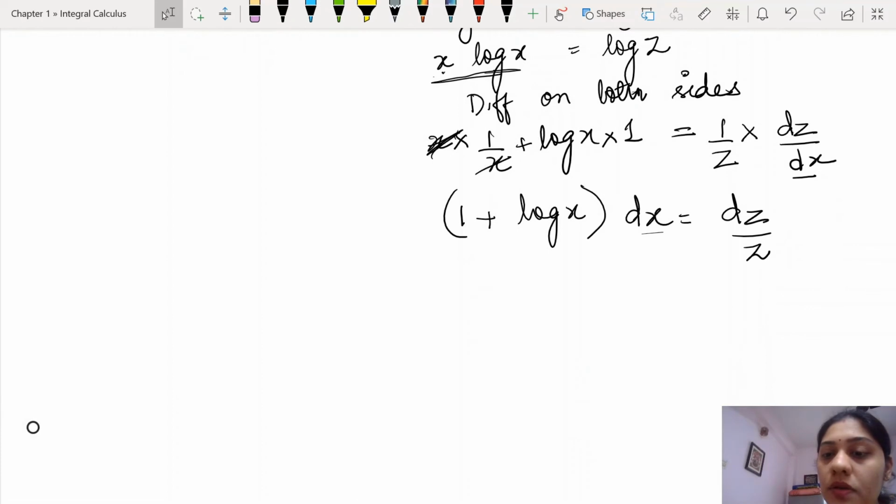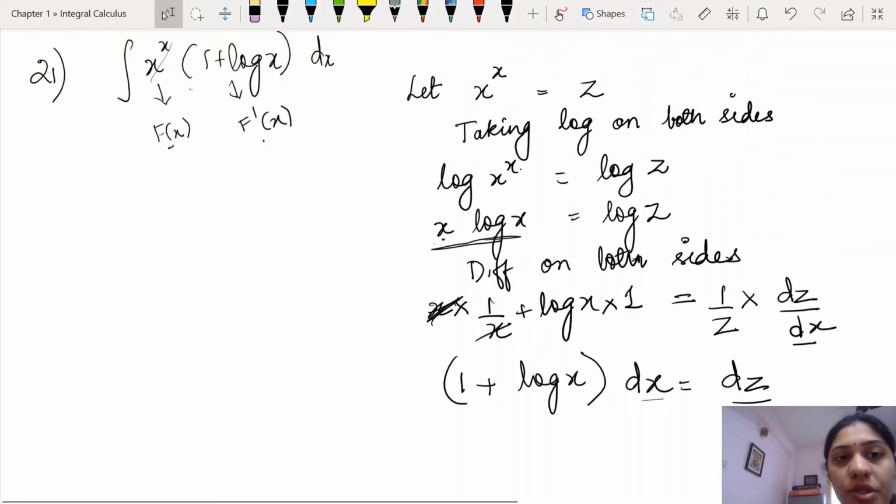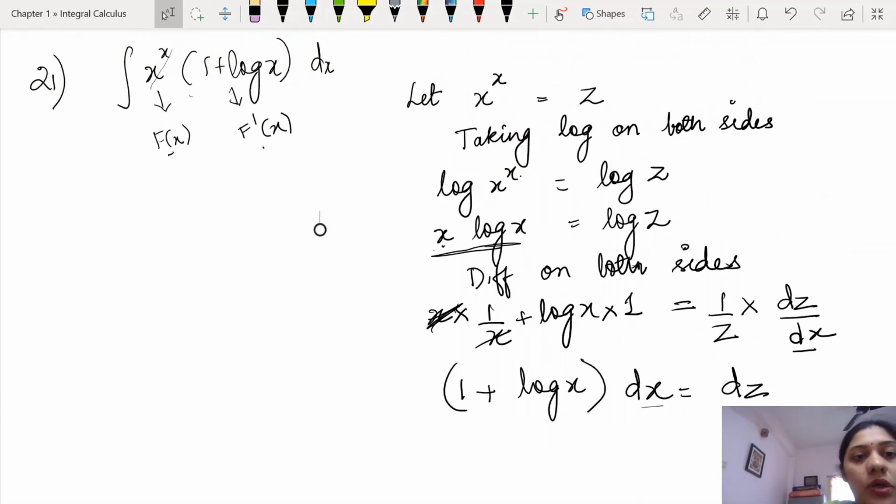Okay, so this is what we have. I'm going to go back to the question and substitute for this whole term. Along with dx, this whole thing becomes dz by z, so we can write it here as 1 upon z.